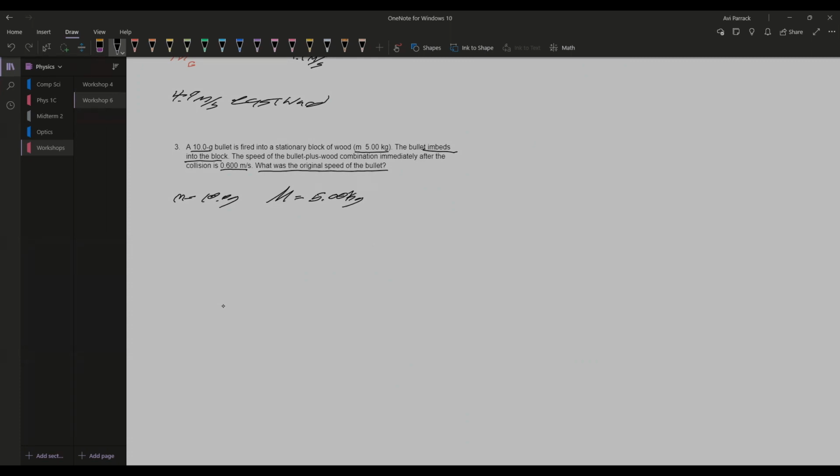And then we have the collision time. Oh, the speed after the collision, not the collision time. After the collision, the speed is 0.6 meters per second. So vf is equal to 0.6 meters per second.